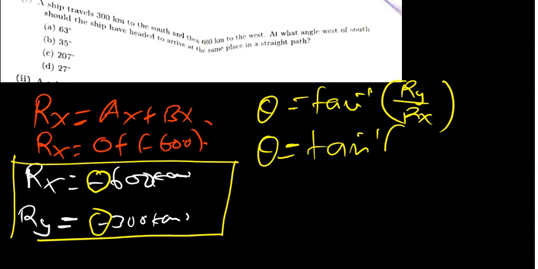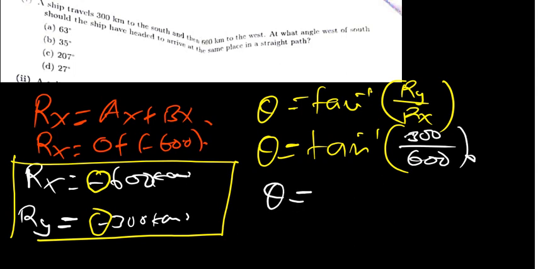What did we say? We ignore the negative. So Ry is 300. Then you have 600. So what will be our theta? 26.6. Yes, 26.6. If we round it off, it's going to be 27 also.